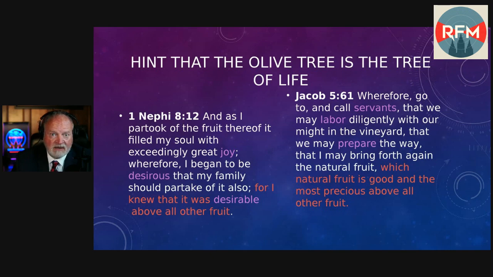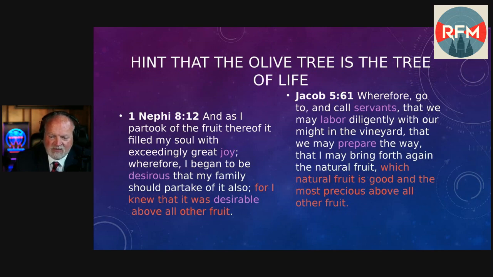Jacob 5:61 has this to say, which sounds interestingly similar. "Wherefore, go to and call servants that we may labor diligently with our might in the vineyard, that we may prepare the way, that I may bring forth again the natural fruit." Which natural fruit is what? "It is good and the most precious above all other fruit." See, that's the exact same idea between 1 Nephi 8:12, "for I knew that it was desirable above all other fruit," and Jacob chapter 5:61 talking about this olive tree.